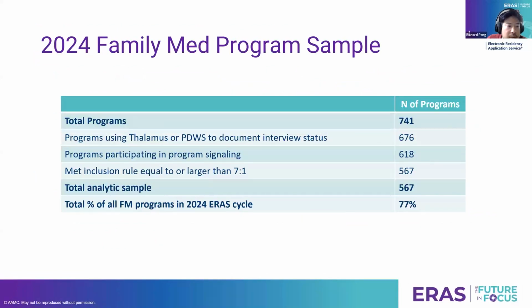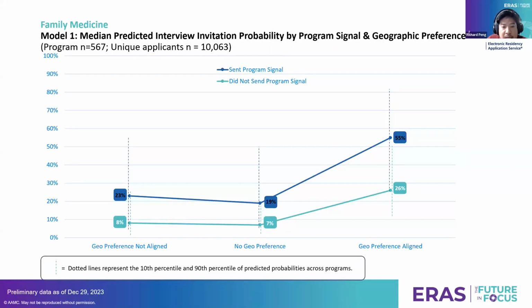With regards to data that we saw in the past, this is just a quick view of how our research team looked at the sample size. We looked at around 77% of the total of all FM programs, at 567 programs. And this figure shows the median percentage of applicants across those sampled programs invited to interview based on their signal status and geographic preference.